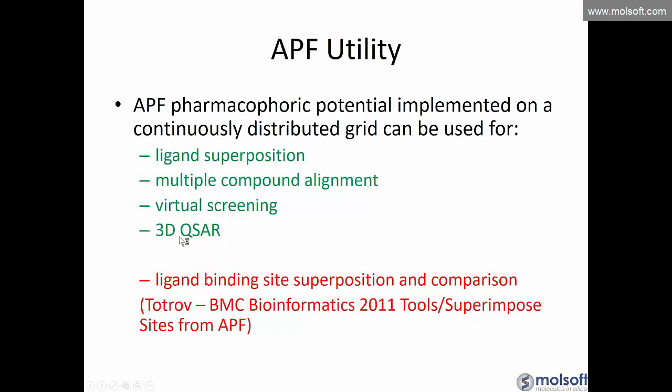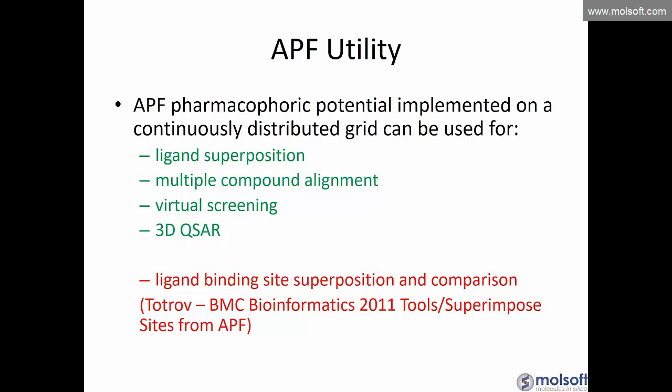You can also use it for 3D QSAR. We'll cover that as well. Another application which we won't cover today but is very useful is you can use atomic property fields for superposition of protein binding sites, whereby the proteins sequentially and structurally are not similar, but they are similar in that they bind chemicals with similar 3D pharmacophoric properties.